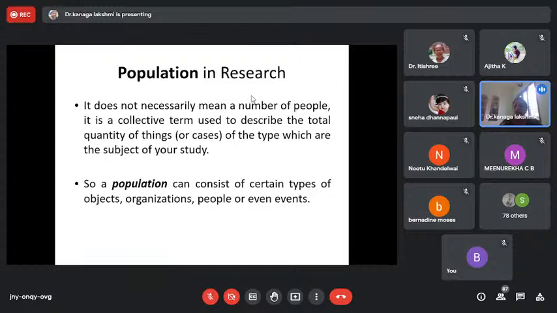Your population can consist of certain types of objects, organizations, people or even events.